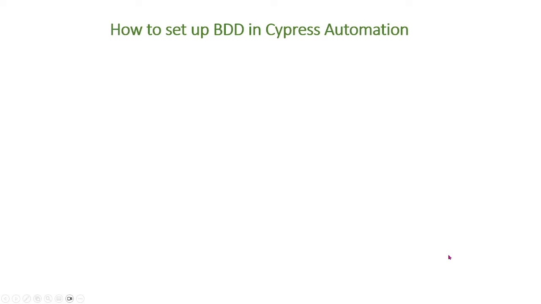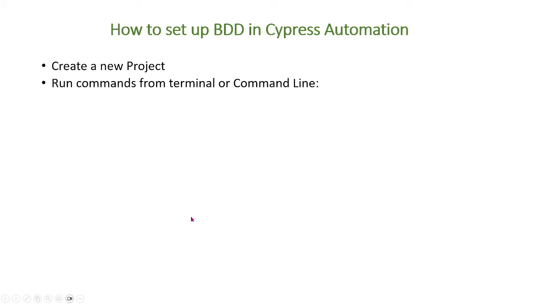How to set up BDD in Cypress automation test. First, create a new project. Run commands from a terminal or command line. Here, create the project name and folder. cd into that folder.